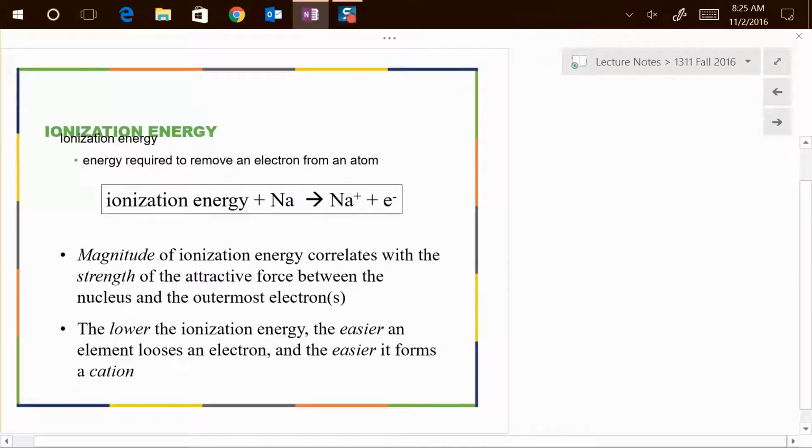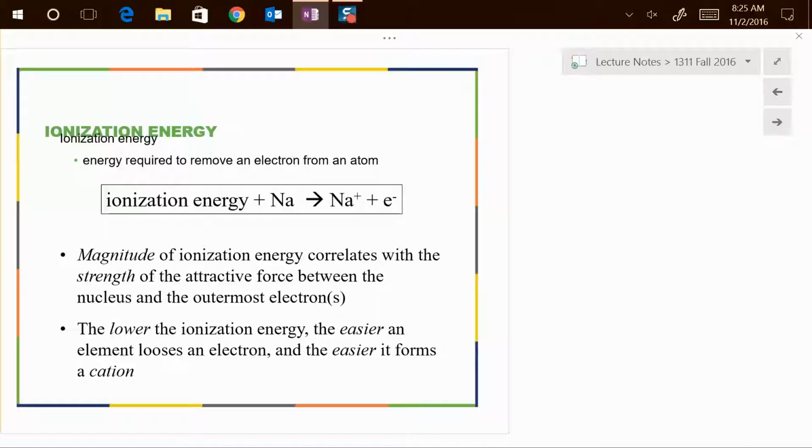Okay, ionization energy. And this is all related. How strongly your electrons are attracted to your nucleus determines these other things, like the ionization energy. Ionization energy is the energy required to remove an electron from your atom. So if I'm going to remove an electron, how much energy do I have to absorb to do that?